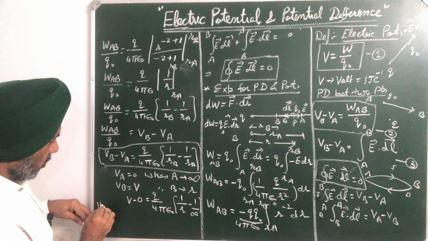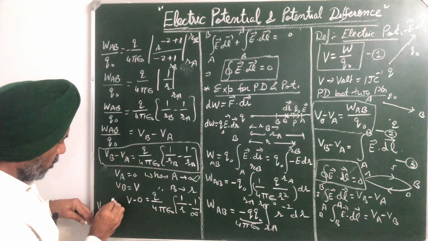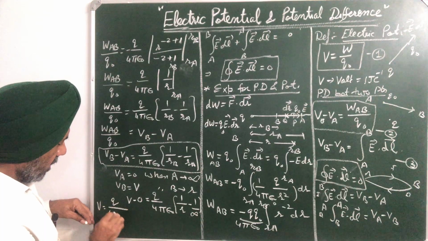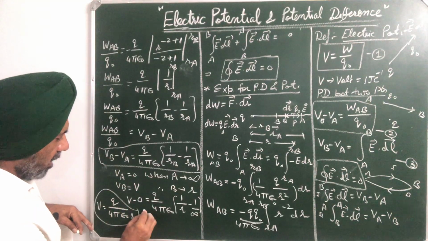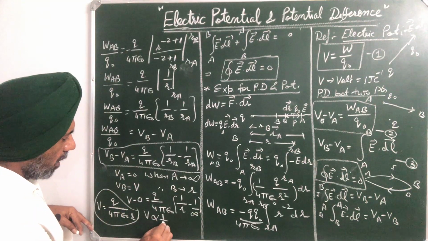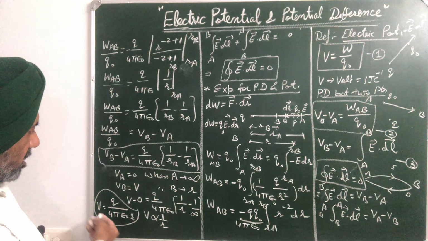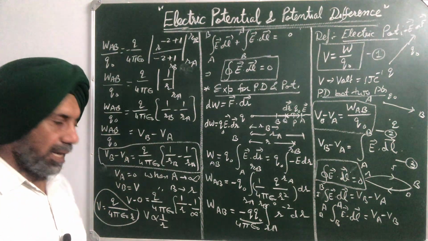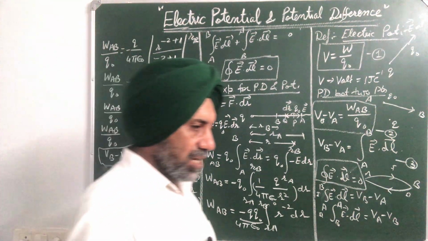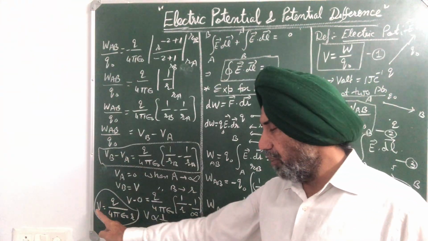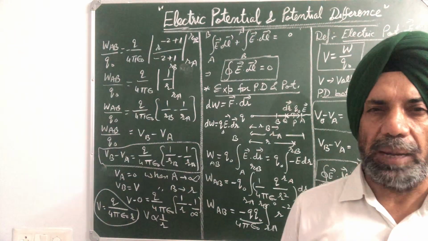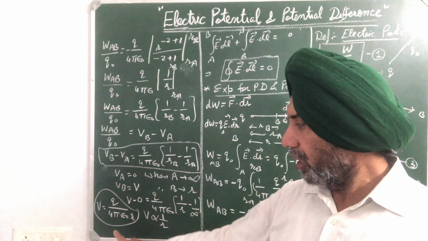So V comes out to be 1 upon 4 pi epsilon naught Q upon R. V is inversely proportional to R. So this gives the expression for potential at a point. So electric potential due to a point charge is given by 1 upon 4 pi epsilon naught Q upon R.